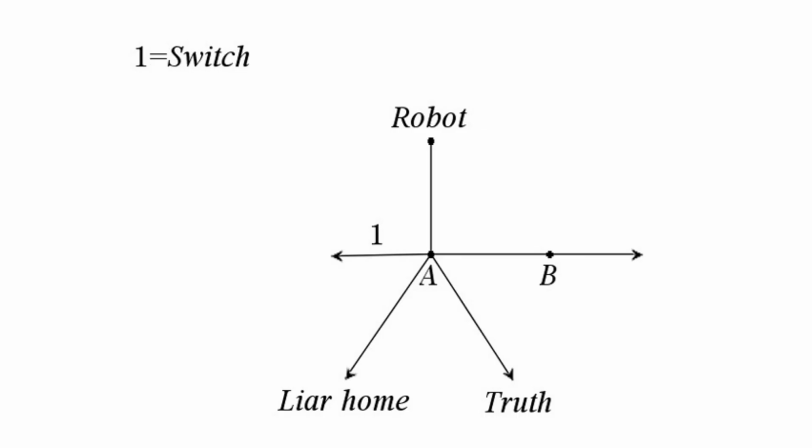That is 100% probability in switch A. If switch 1 is set to on in B, and the robot asks the question, secluded, to the uncertain liar B, which path leads to your home? He will receive a 50% chance of reaching truth, and a 50% risk of ending up at uncertain liar's home.